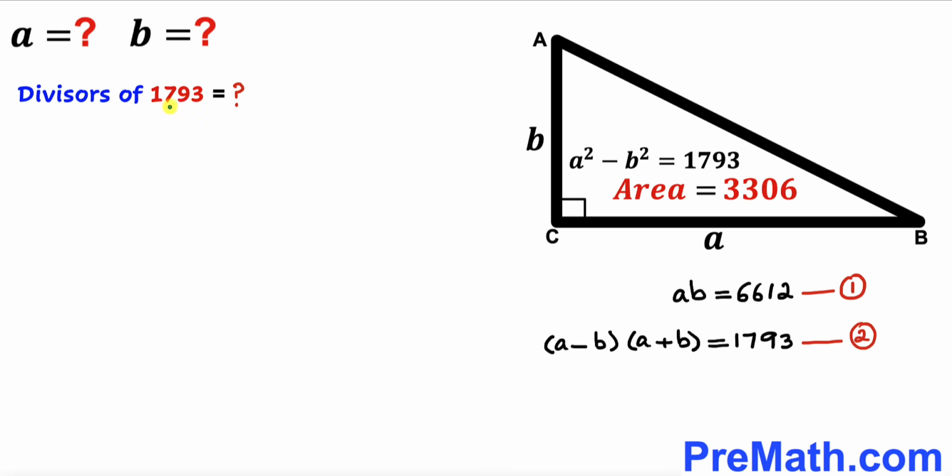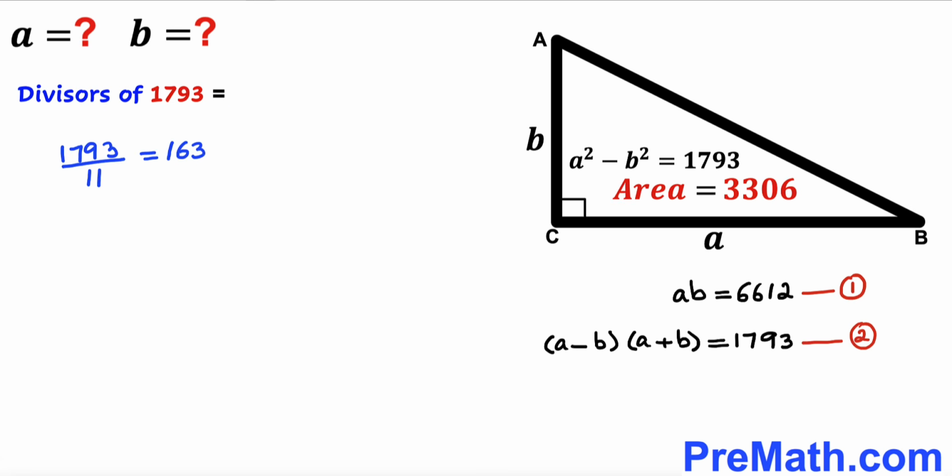In this next step, we are going to find the possible divisors of 1793. We know that this number is divisible by 11, and we get 163. We know 163 is a prime number.